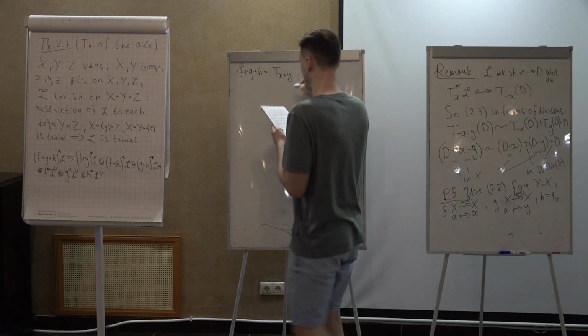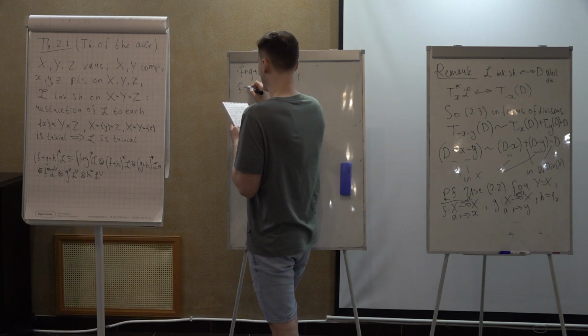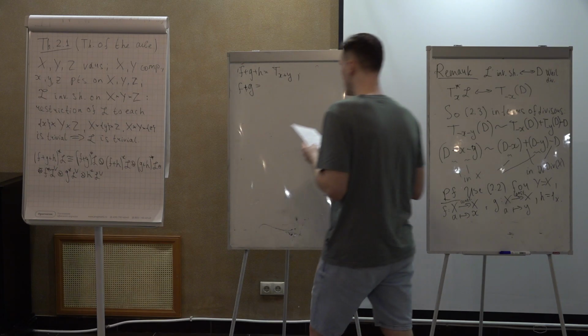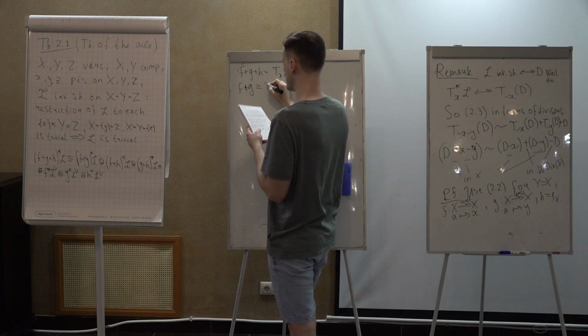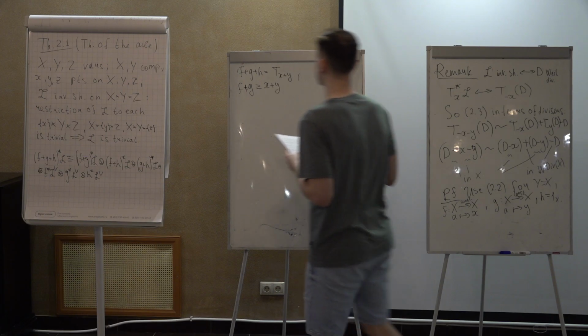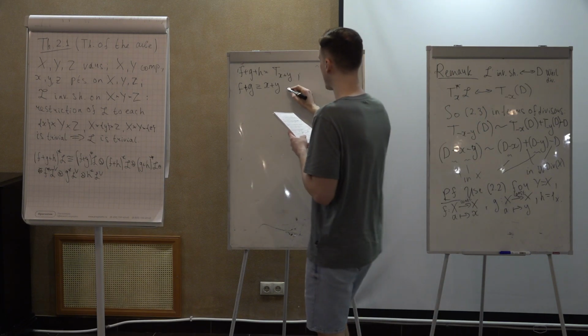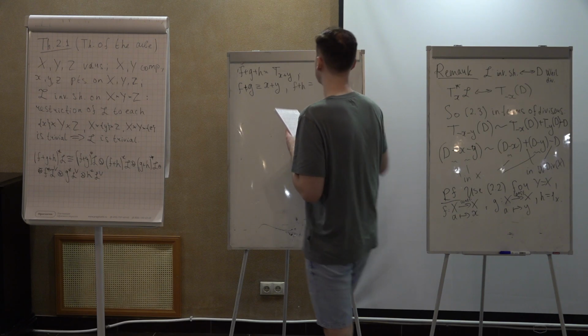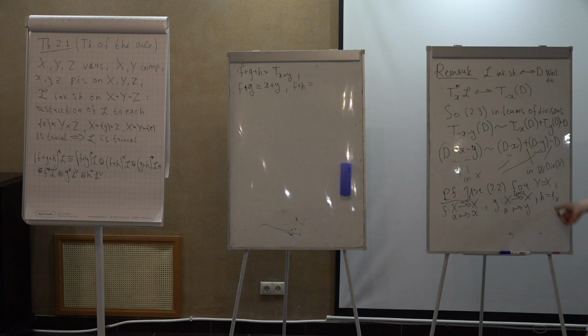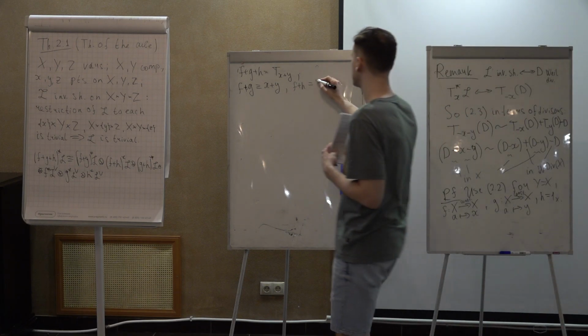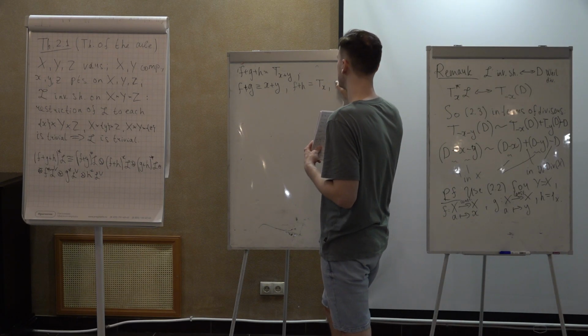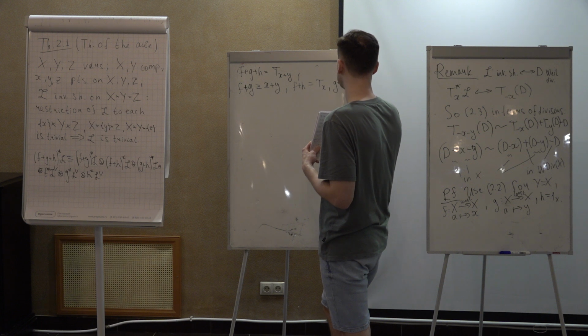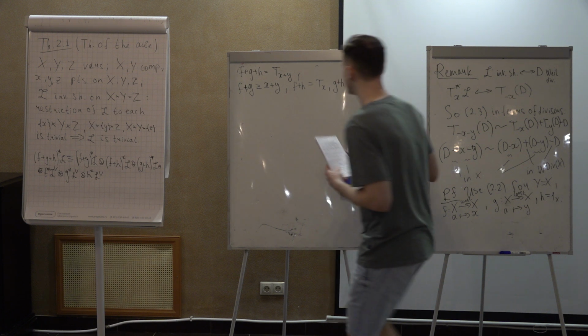So then f plus g, I sum two constant maps, I get the constant map to x plus y, right? f plus h is again shift by x, and g plus h is shift by y.